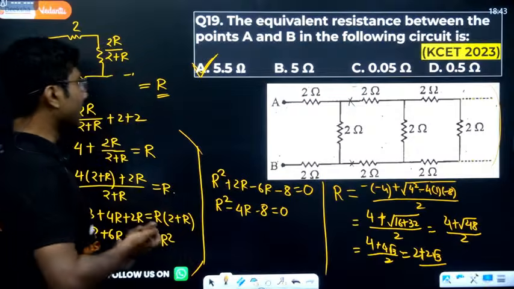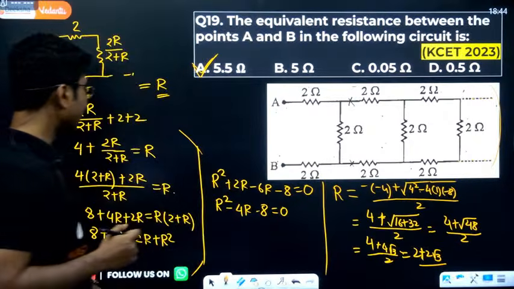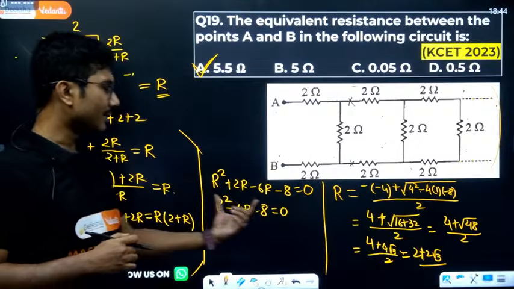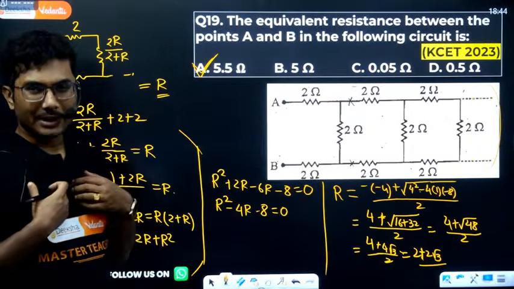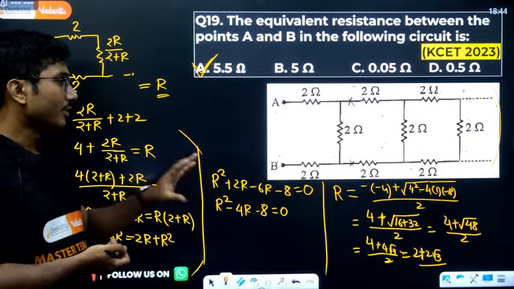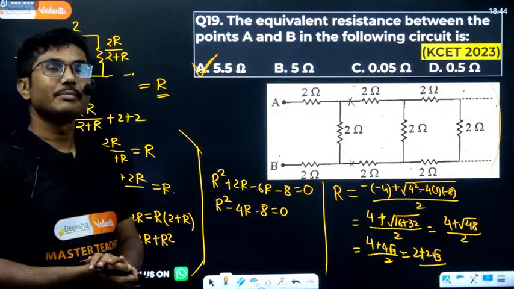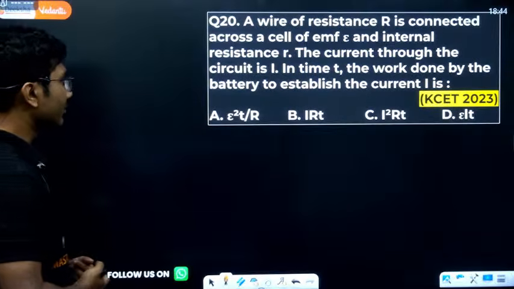That's why it took some time. But if you know the trick, then only the mathematical part is there, and for this quadratic equation, you are more used to it than me, because I personally do not use quadratic equations too often. You can solve it much faster than me. Now let's move on with the next question.